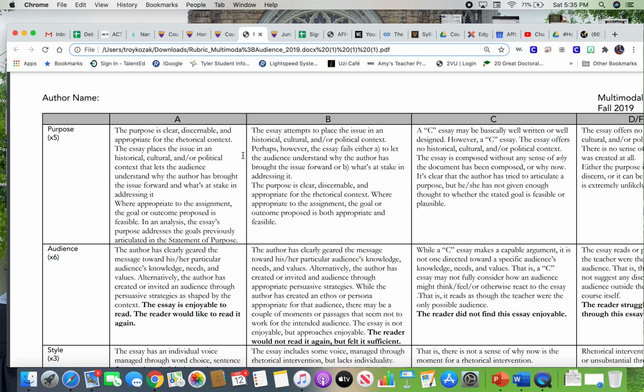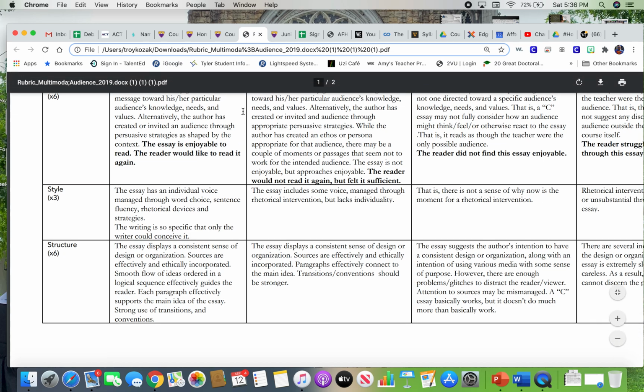You could probably still understand what's happening there, right? So he's giving us cultural and, in his case, religious context for us to understand. Where appropriate to the assignment, the goal of the outcome is proposed as feasible. So we'll get to that idea as we get to more specific assignments that are going to be, here's the thing that I want to accomplish. That definitely needs to be clear. If you're trying to convince somebody to do something, you want to be upfront with them.